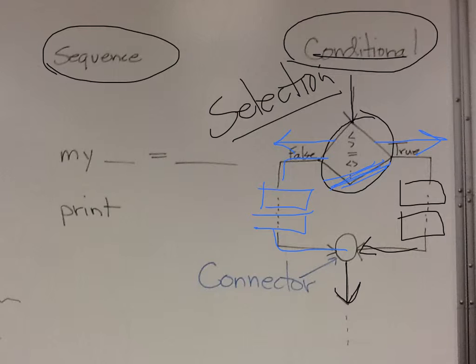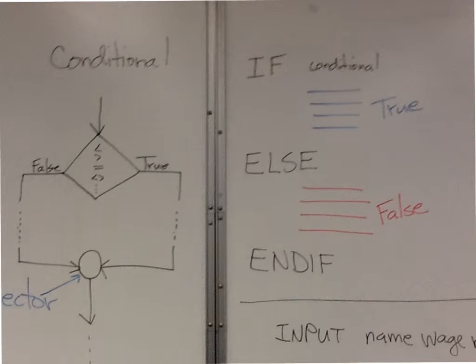Going on to the next page, we talked then about how it looks in pseudocode. If you have the condition, true part, else, false part, and end if. And we'll look at an example today of actual program code to do this.